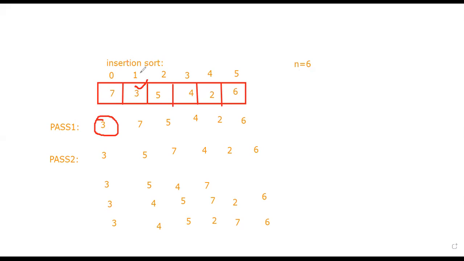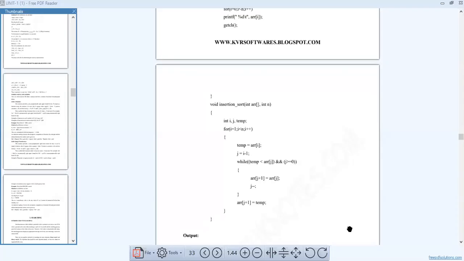Now it starts with 1. So every time the temp value will change, and after that the temp value is 5, after that the temp value is 4, based on the values. Okay, here we declared some variables: i, j, temp.